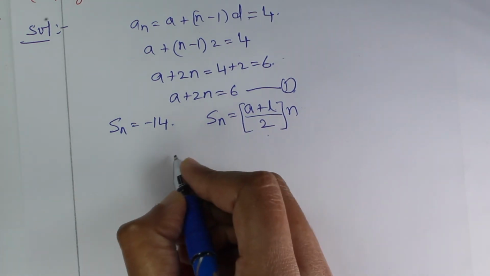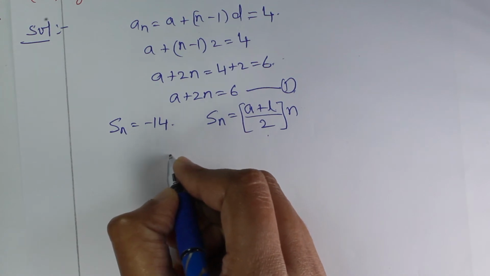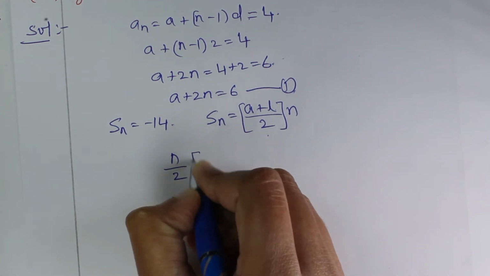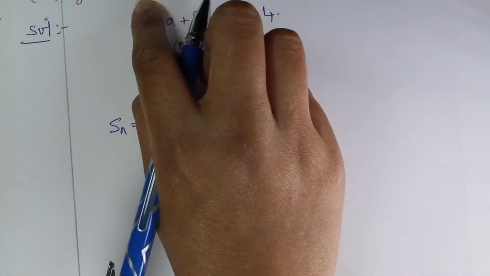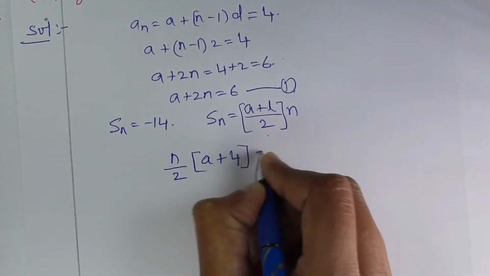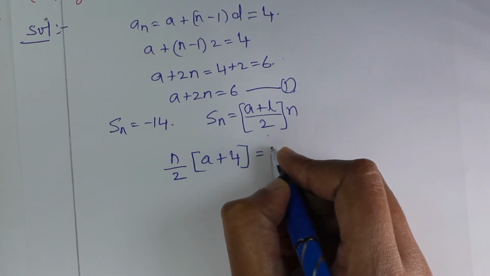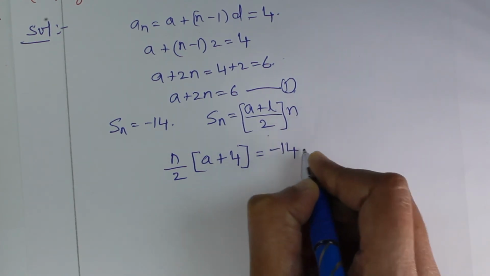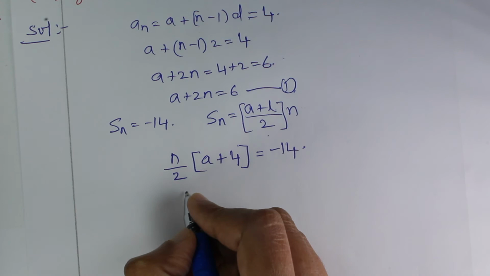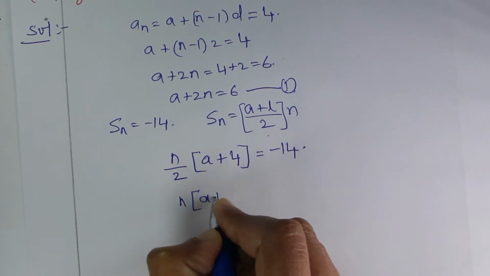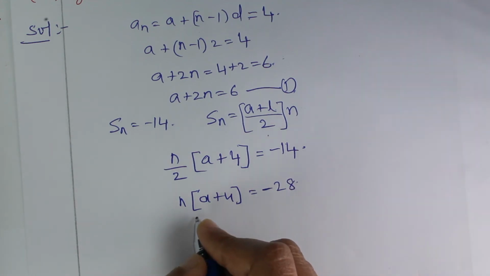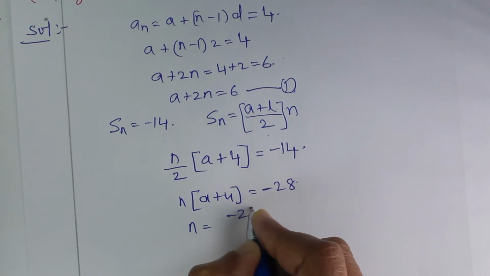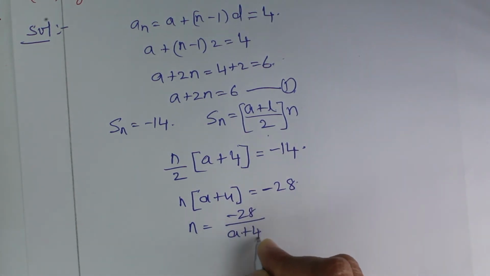So we know Sn is equal to minus 14, n by 2 into (a plus l), l is 4. n by 2 into (a plus 4) is equal to minus 14. So n into (a plus 4) is equal to minus 28. n is equal to minus 28 divided by (a plus 4).